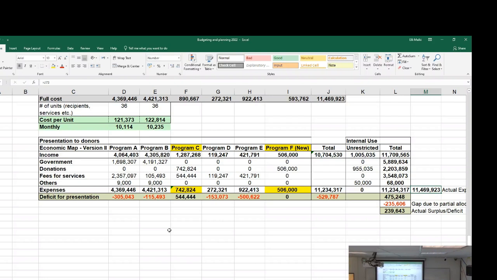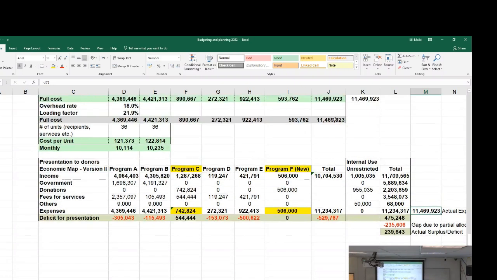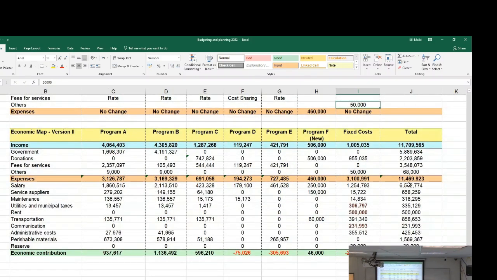So what happens is that when I look at my total income and compare it to my total expenses, the total expenses, which is the sum of all the presentation to the different donors, is 11.2. But my actual expenses is 11.5 almost. The actual expenses, you can see it here, or you can see it also in the economic map here. Okay?